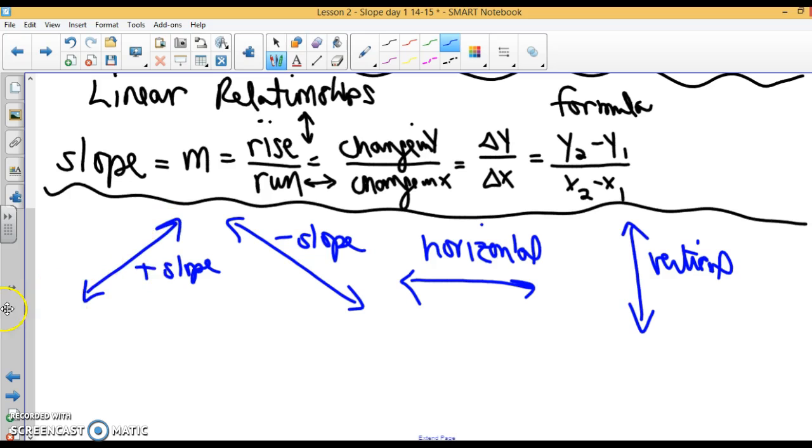If I rotate that so it is horizontal, what number is between the positives and the negatives? Because positives are going up, negatives are going down. And if I rotate my line, the slope of a horizontal line is 0. For a vertical line, we say there is no slope, or it is undefined.